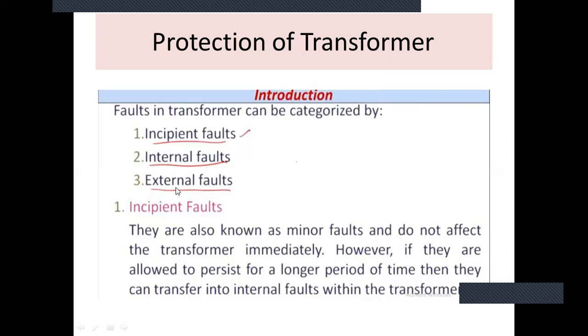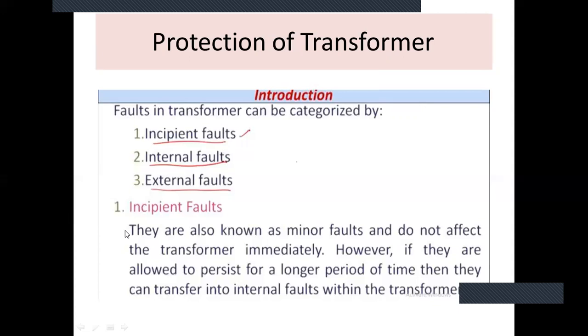Now let us start our discussion with the first type, the incipient faults. As I have told you earlier, incipient faults are also known as minor faults. So what does it mean? It means that to detect these types of faults, we have to use a separate device. Whenever such a fault is detected, there is no hurry to trip the transformer immediately.